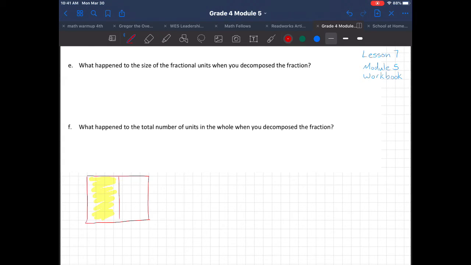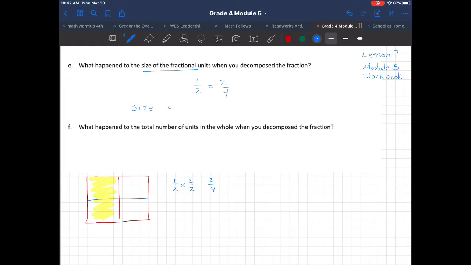Okay, and when I decompose it down into something smaller, like let's say we do this. So we had 1/2 times 2/2 equals 2/4. So the size of the fractional units, the size of the pieces going from 1/2 to 2/4.